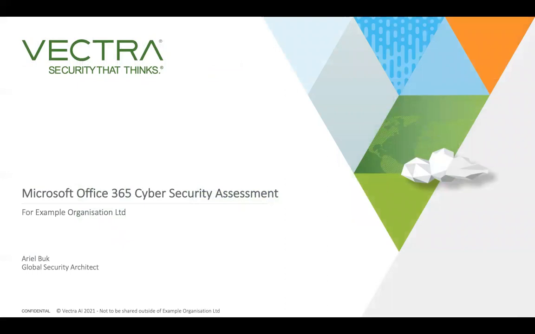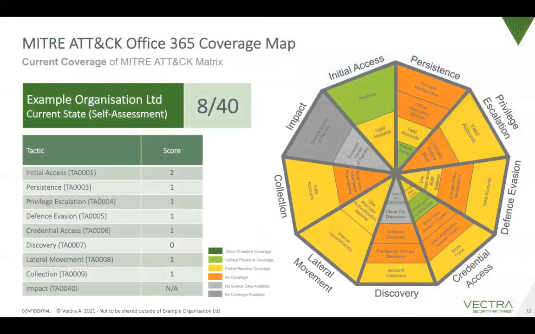Now here we provide an assessment to a prospect or a customer to let them know how well their environment shows when it comes to MITRE ATT&CK frameworks. So here you can see a very simple example with all the tactics and techniques. And you can see that we are providing a specific score to every one of the tactics.